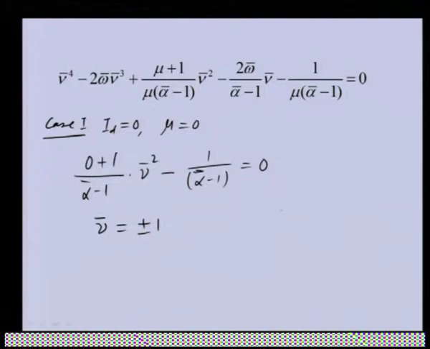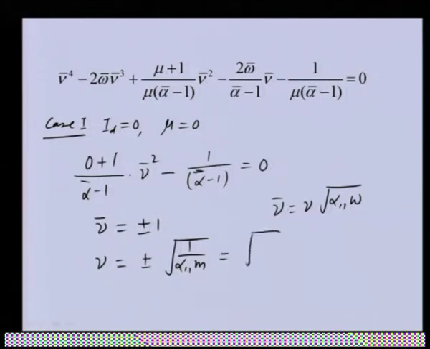And we have defined nu bar as nu times square root of alpha 11 m. So, if we substitute this here, we see that nu is plus minus 1 by square root of alpha 11 m, and this alpha 11 is similar to the inverse of stiffness for the cantilever beam case. So, this will be root k by m.